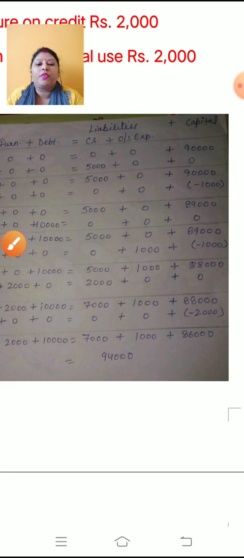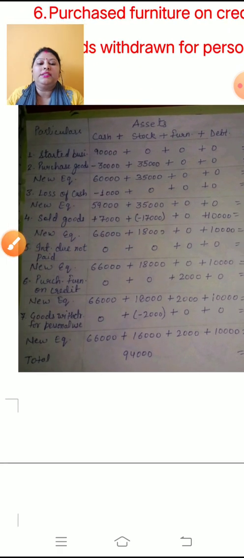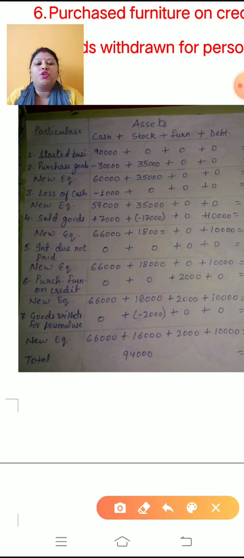Okay, next transaction is goods withdrawn for personal use. Goods withdrawn for personal use 2,000. Now here goods withdrawn, it means goods are decreased by 2,000. So in the stock column subtract 2,000.